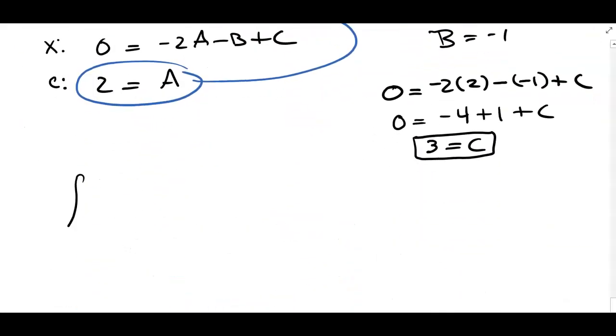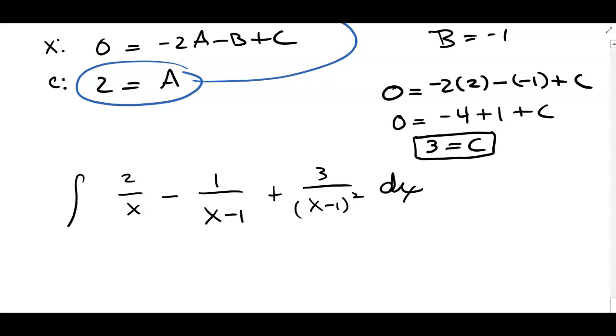I'm going to integrate 2 over x minus 1 over x minus 1, because B was negative 1, so we're going to move the 1 there, plus 3 over x minus 1 squared.